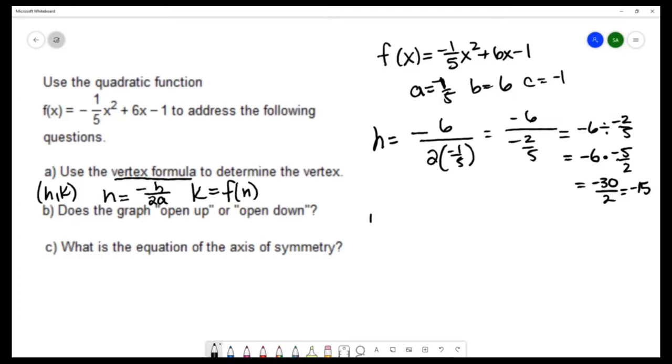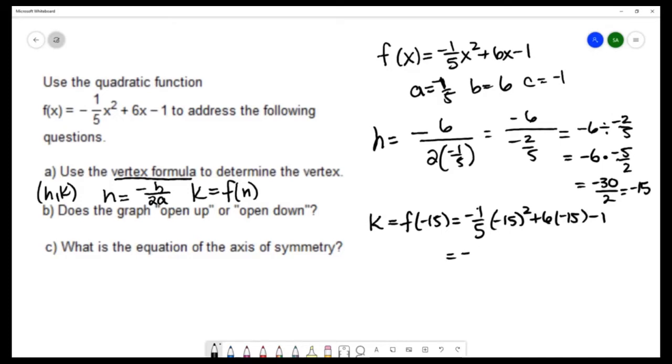Then we're going to figure out k, which is the y value of our vertex, by substituting that into our function. So we're doing f of negative 15. That's negative 1/5 times negative 15 squared plus 6 times negative 15 minus 1.